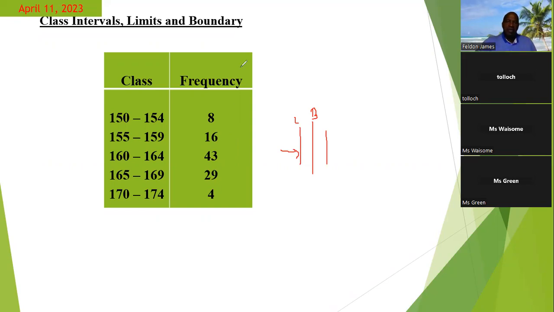Right. Now, think about the numbers in terms of the class. So let's say that the 150 here is the limit. And let's say that this to the left is one class. So let's say that this is the first class, and to the right you have the second class. Between the first class and the second class, to the left here you have another wall, and to the right here you would have another wall.